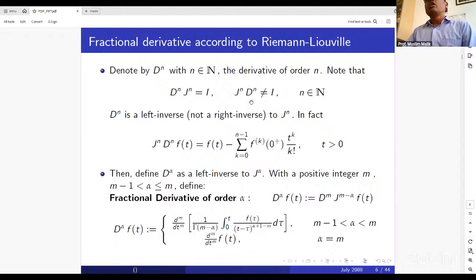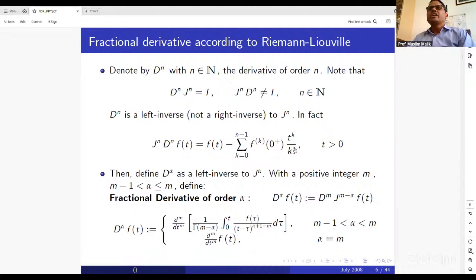What we want is that whatever fractional integral and fractional derivative we define, they should satisfy properties similar to the integer order derivative and integer order integral. We already know that this property is not true, because when we compute J^n D^n, we get some constant terms. So similarly, J^n D^n of f of t is given by this formula.